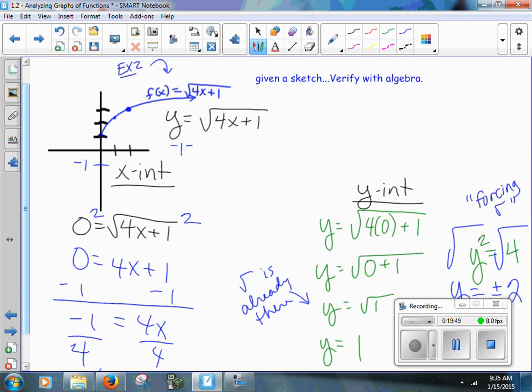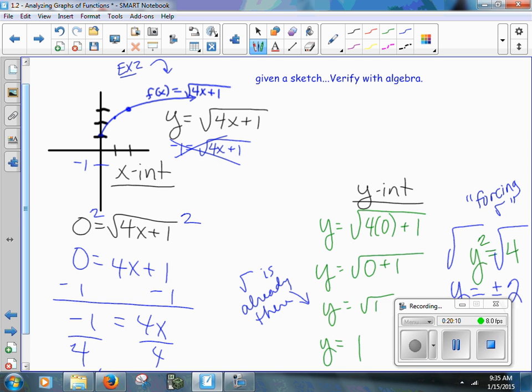If it were negative 1, this is what it would look like. Folks, can a square root be equal to a negative number? Ever? No. Because then we're not dealing with the set of real numbers, we're dealing with the set of what kind of numbers? Imaginary, okay? So we can never have that right there. We can never have a square root equal to -1.